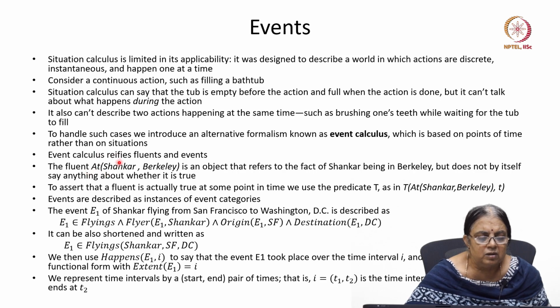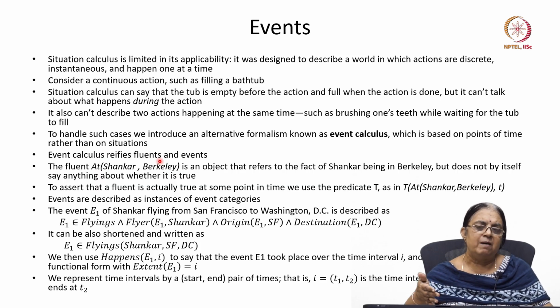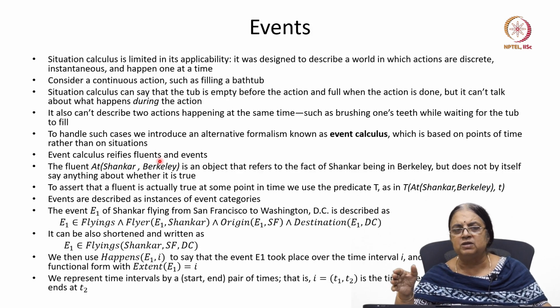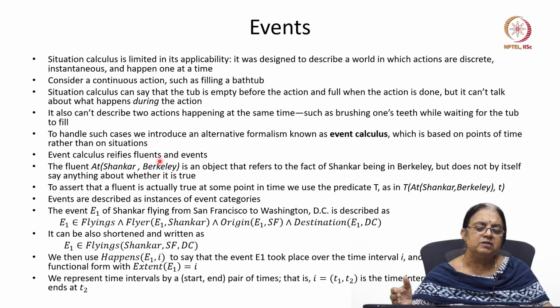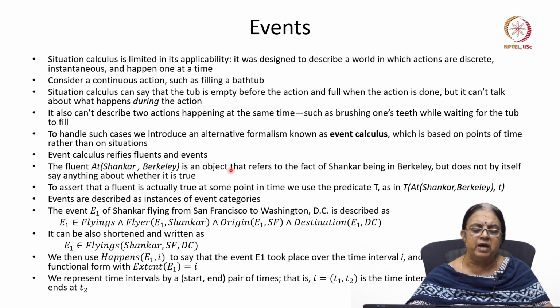So what is a fluent? A fluent is something which is happening between two time points, say T1 and T2. For example, when you are filling the bathtub, it keeps on filling, so the action goes on between this time and this time. That's what you mean by a fluent.